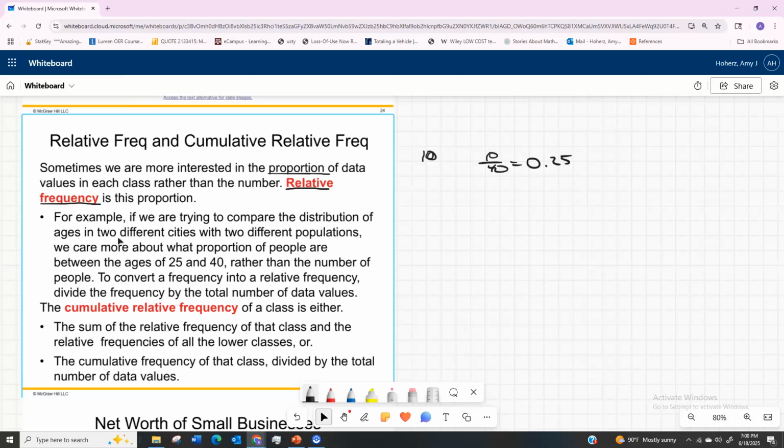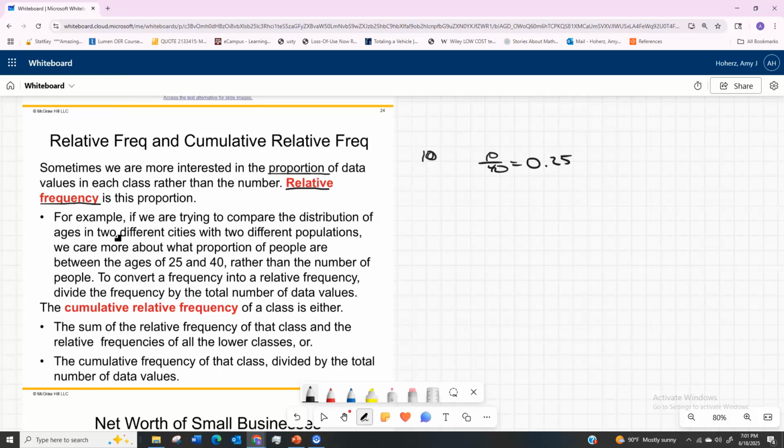It would be a lot more understandable to compare if, say, we knew 50,000 out of 150,000 people in one city were 25 to 40, and then in another city it was 100,000 out of 500,000.